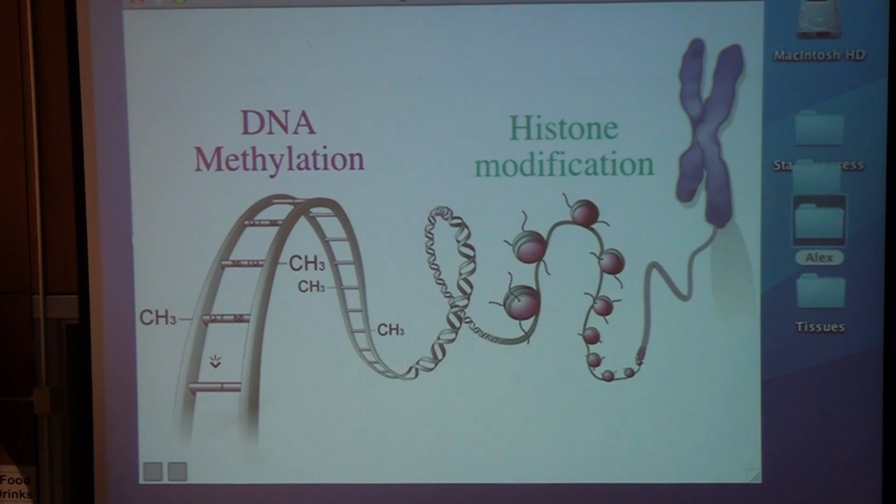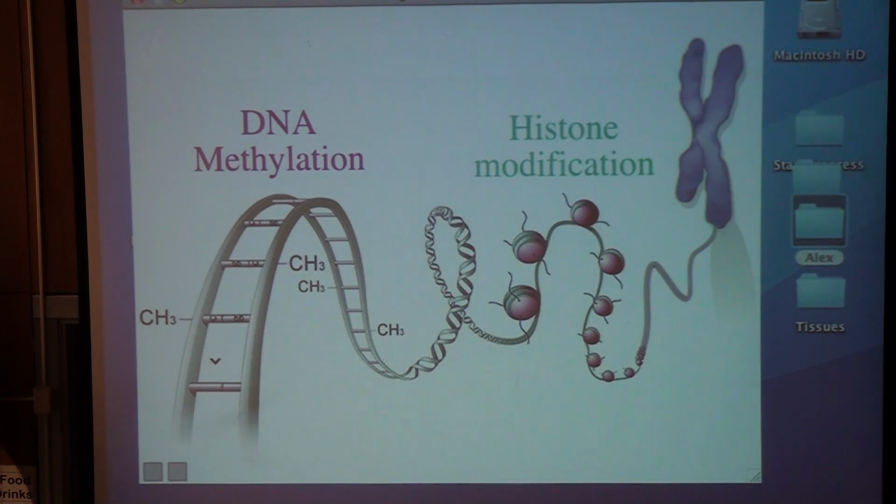The ability of the cells to regulate gene expression by methylation and by modifying the histones are fairly recent discoveries within the field of biology. These really weren't known or understood even just a few decades ago. And they're still sorting out exactly how all this works.